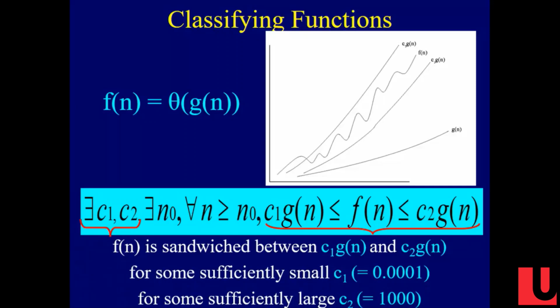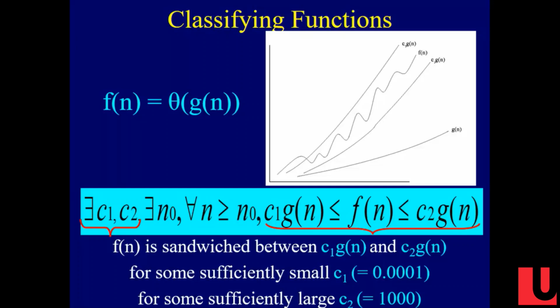Now you want to say, well, which constants? I've given the example here. Well, C1 you can think is going to be really little, and C2 we're going to think is really big. But how big can they be? Is there a limit on how big they can be? No, they can be any constants.